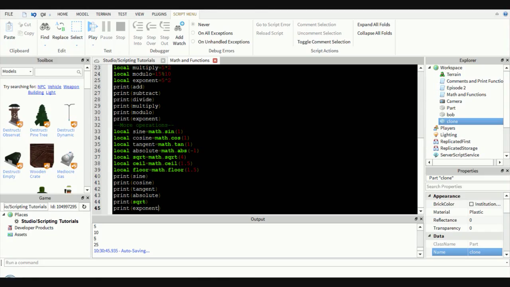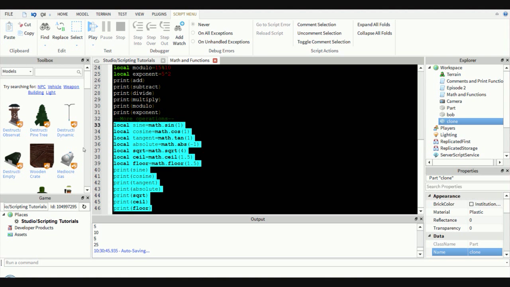So the square root of 4 would be 2, because 2 times 2 equals 4. And then there's also ceiling, I don't know what it's called, where it rounds the number up toward positive infinity, and math.floor rounds it toward negative infinity.